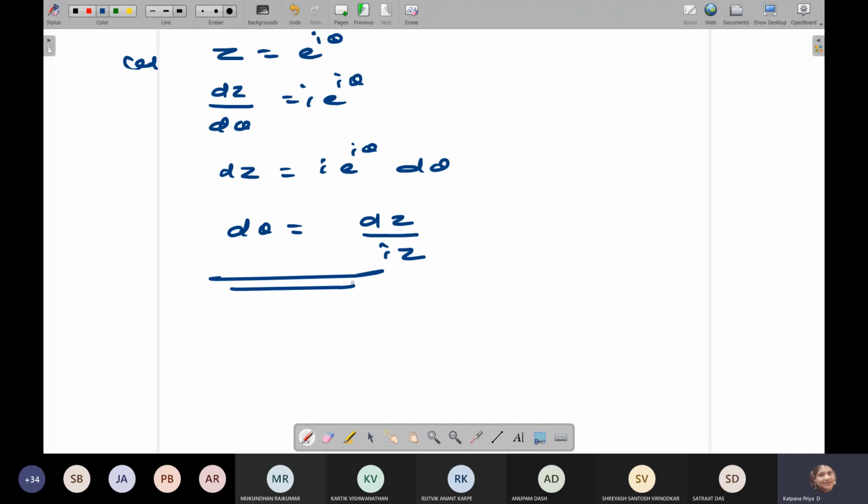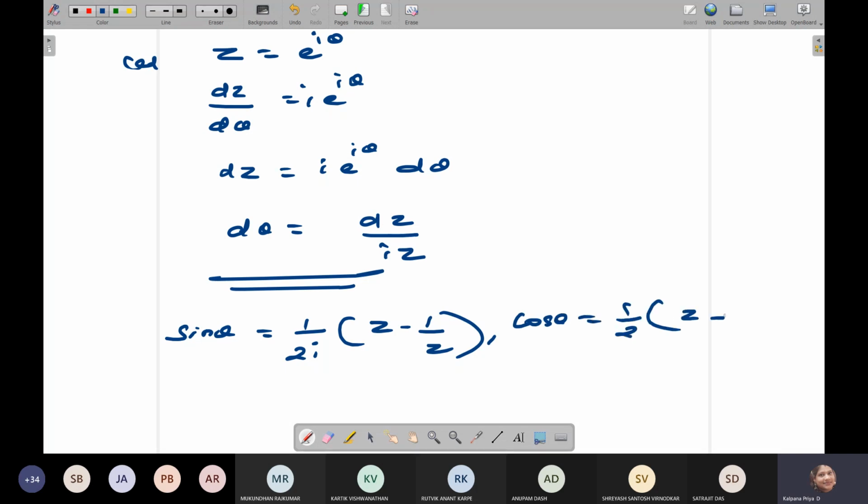You are going to remember these values, because now we are going to transform theta to z. Similarly, sine theta equals 1 by 2i times z minus 1 by z, and cos theta equals 1 by 2 times z plus 1 by z.